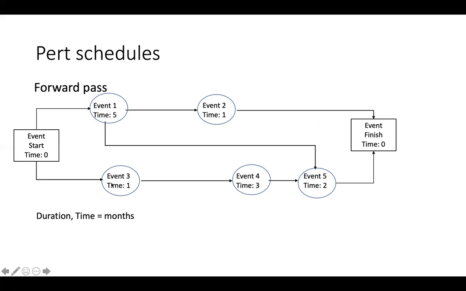If we combine the time needed for event 3 with the time needed for events 4 and 5, that will also end up in 6 months. But if we combine the time needed for event 1 with the time needed for event 5 and join that into the finish event, we will see that that leads to 7 months in total, which in this case will be the critical path.